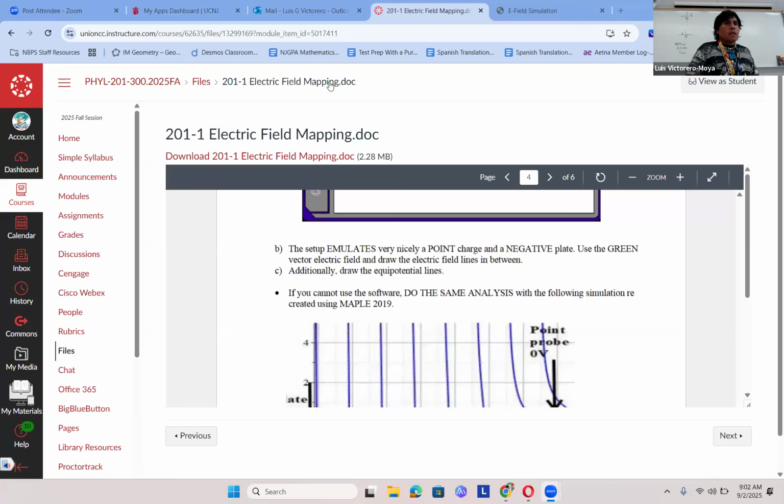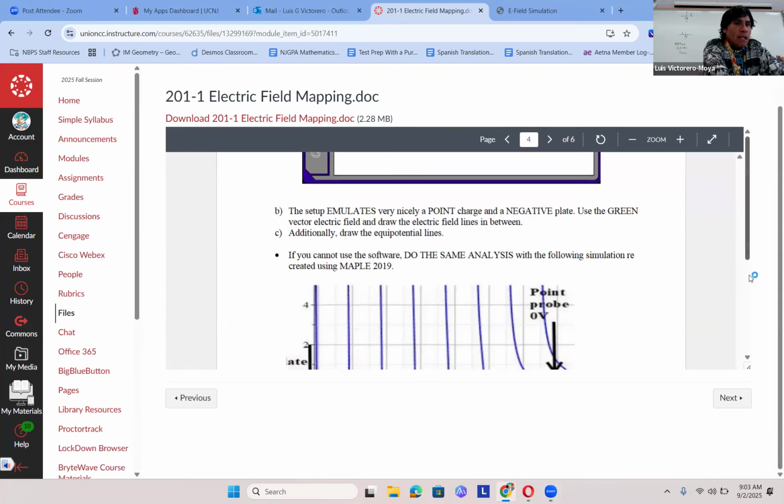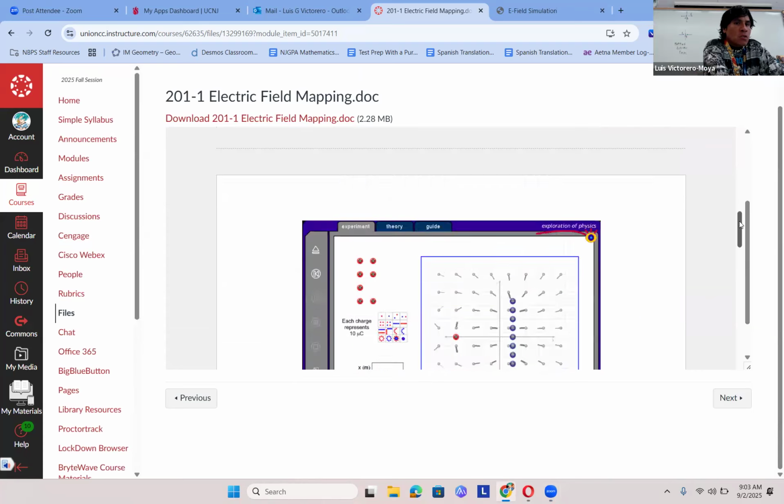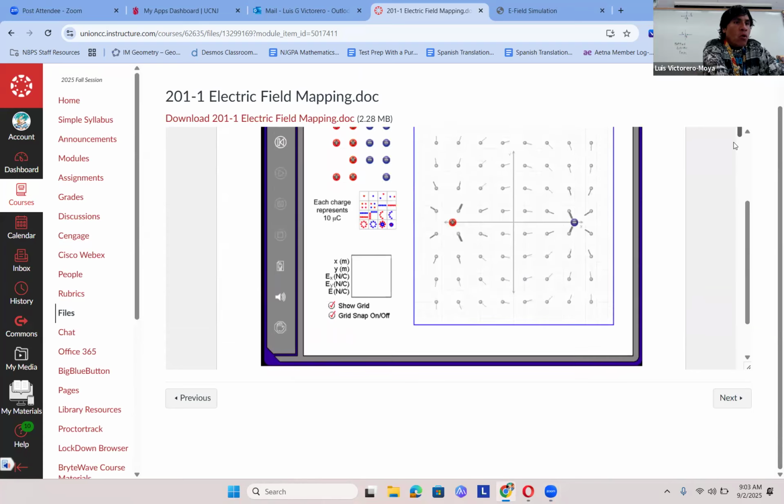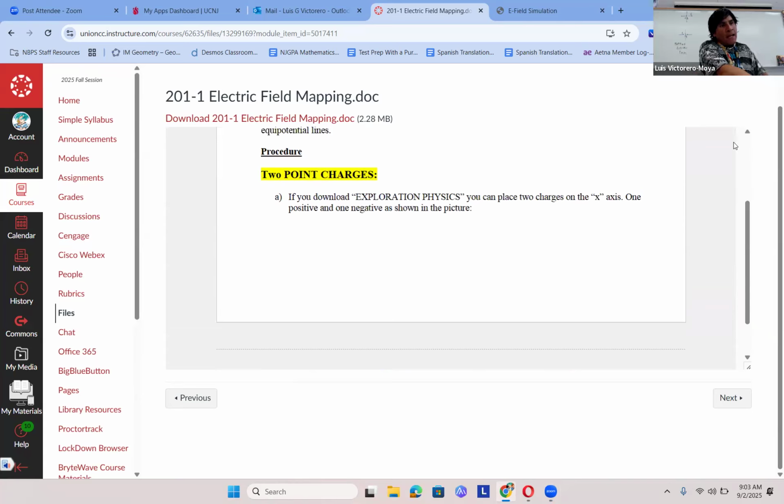Hello everyone. This is the tutorial for the electric field mapping laboratory. You have it in front of you on my screen. The idea with this lab is to explore electric field lines and equipotential lines. It's very simple.